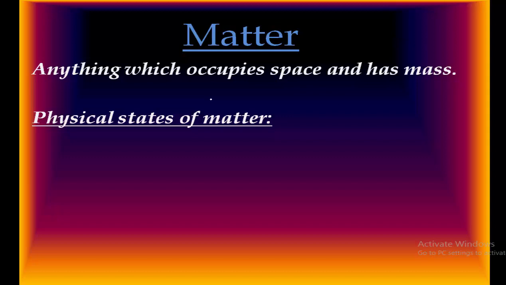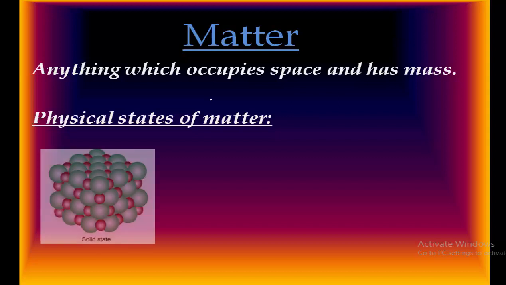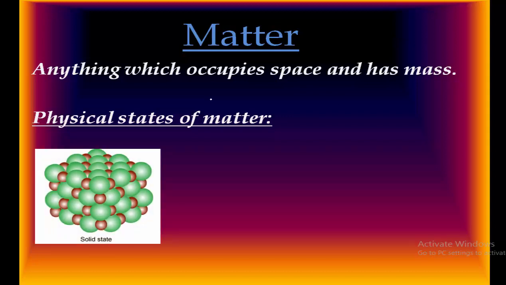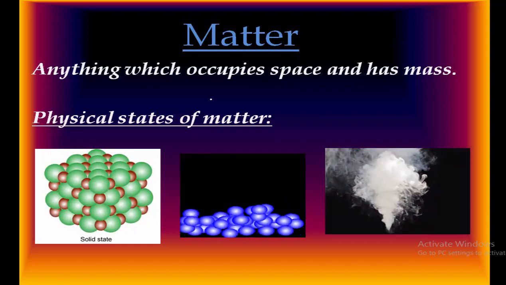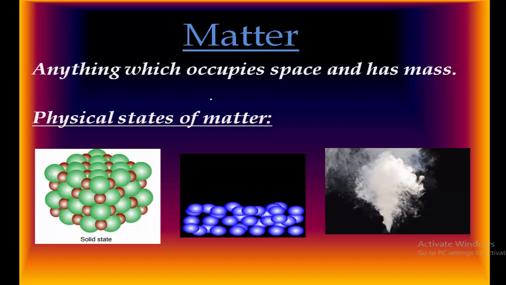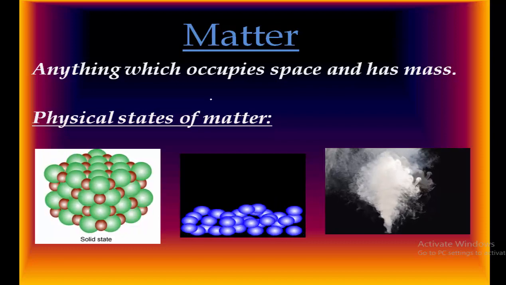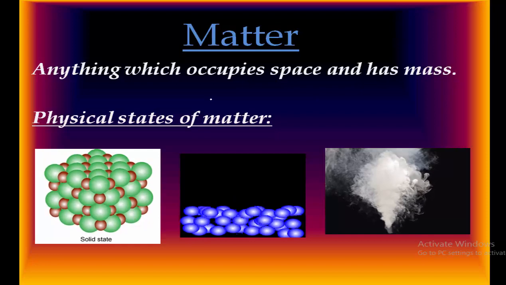All are not present in the same state or form. Based upon the physical state in which they are present, matter is classified into solid state, liquid state and gaseous state. These are the three main physical states of matter that we find in nature.